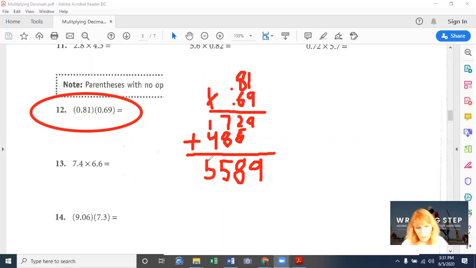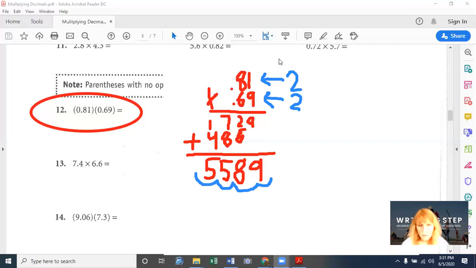Now we have to decide where to put our decimal. Let's go back and look at our two numbers. There are 2 numbers after the decimal here. There are 2 numbers after the decimal here. 2 plus 2 is 4, so we need to go 4 spots. 1, 2, 3, 4 spots.